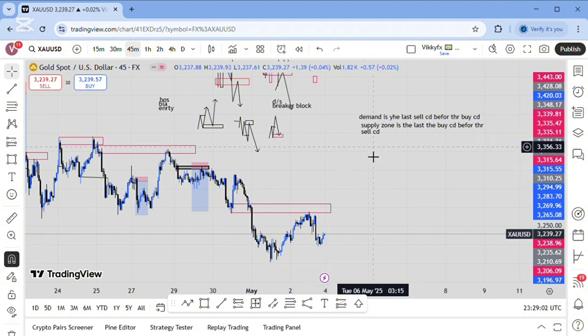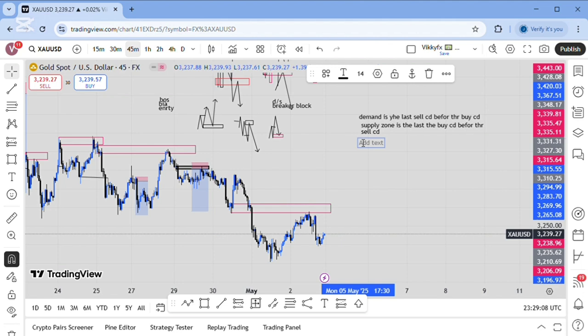Then your breaker block is a failed zone. So that is just it, guys.